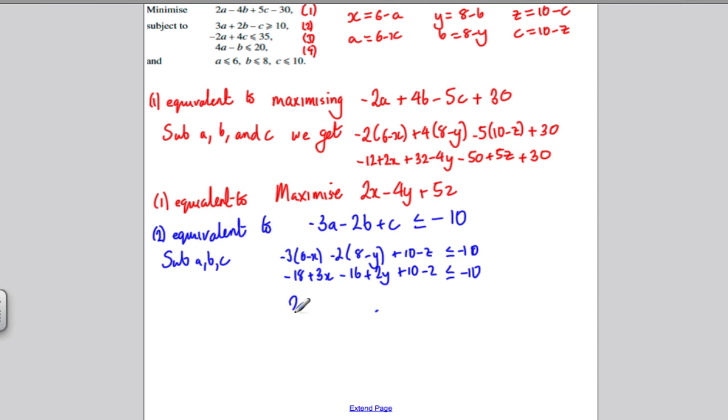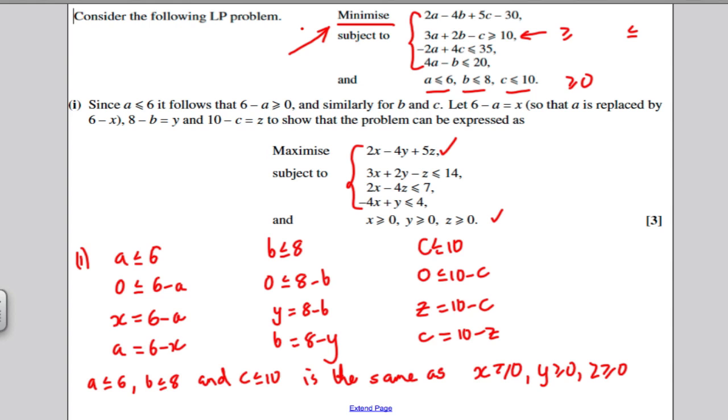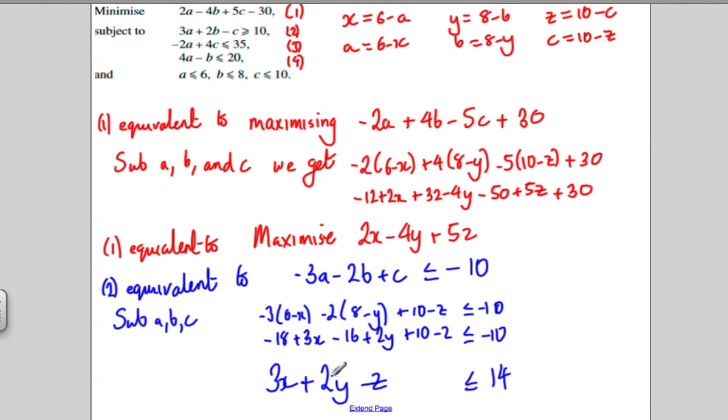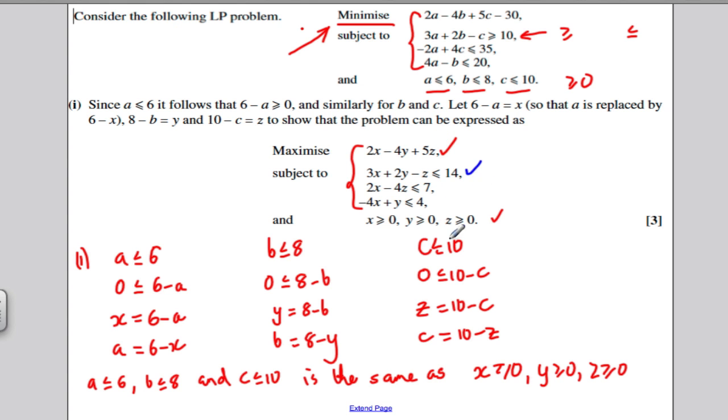Now we'd have 3x, just taking the x, y, and z, plus 2y minus z, and then minus 18 minus 16, and then plus 10 would give me minus 24, and I would add 24 to both sides to keep all the numbers on this side, so I should get over here 14. So let's check that looks like what we were trying to get. 3x plus 2y minus z is less than or equal to 14. We have done the second part there.